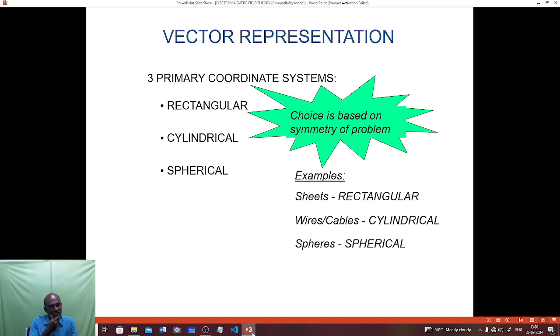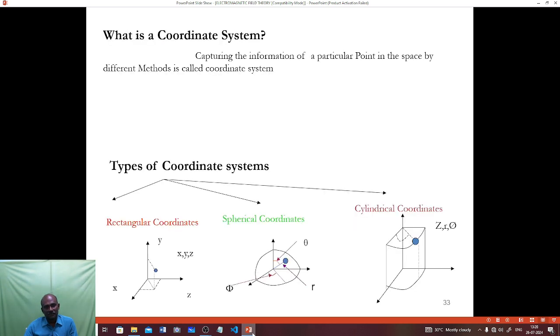Wires or cables are described using the cylindrical system, and for spheres we use the spherical coordinate system. So there are three types of coordinate systems: rectangular, spherical and cylindrical.